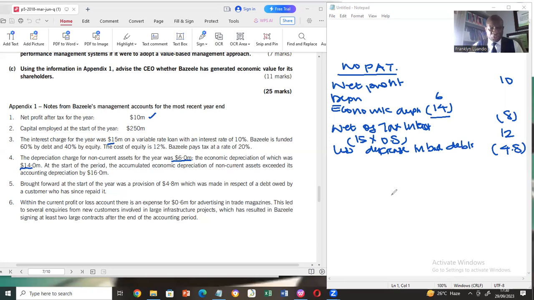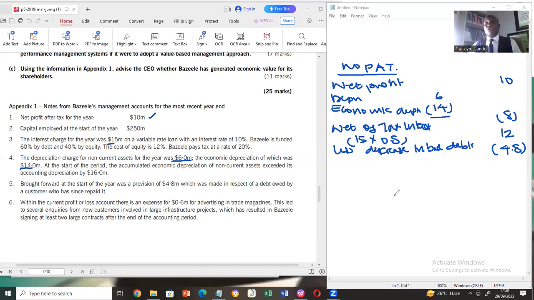And then now we go to any other item. Item 6. Within the current profit or loss account, there is an expense of 0.6 million for advertising in trade magazines. This led to several inquiries from new customers involved in large infrastructure projects, which has resulted in Bezu signing at least 2 large contracts.